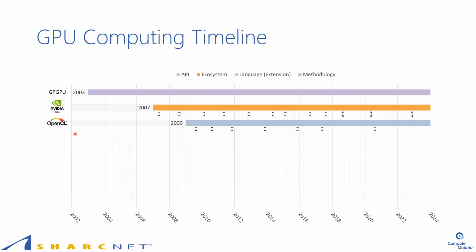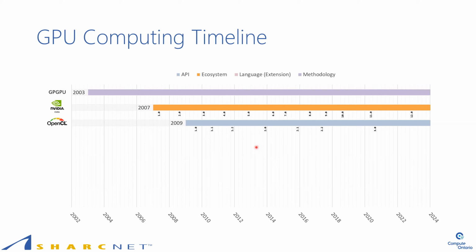Then OpenCL version 1 was released in August 2009. It was initially developed by Apple, but later other companies like AMD, Intel, and even NVIDIA joined the effort. And by democratizing GPU computing, OpenCL became the only major alternative to CUDA at that time.